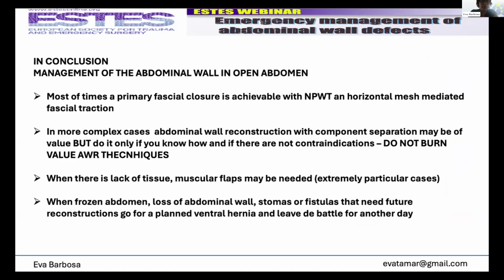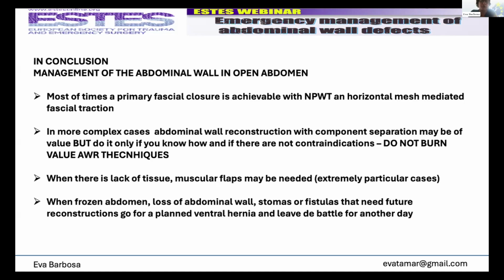So in conclusion, in management of the abdominal wall in open abdomen, most of the time a primary fascial closure is achievable with negative pressure wound therapy and horizontal mesh-mediated fascial traction. But in more complex cases, abdominal wall reconstruction with component separation, anterior or posterior, may be valuable, but do it only if you know how and if there are no contraindications.